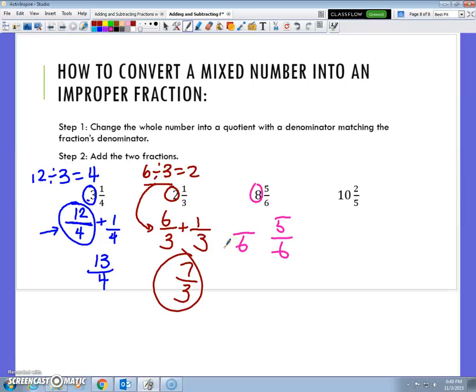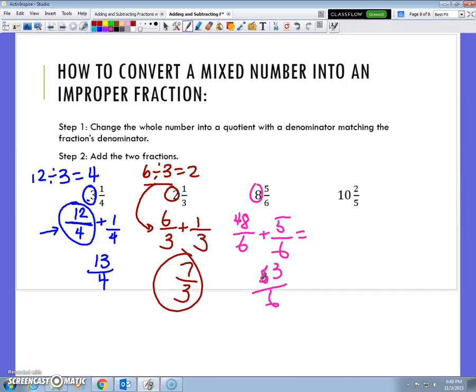What could I divide by 6 to equal 8? Well, 48. 48 divided by 6 equals 8. So 48 sixths plus 5/6 is 53 sixths. And that's my improper fraction.